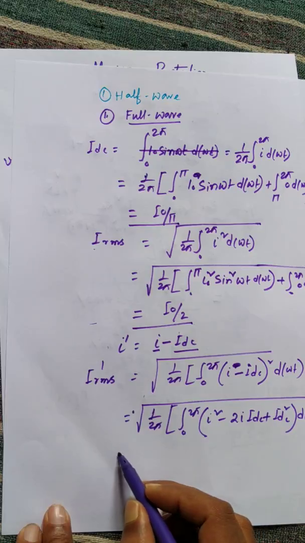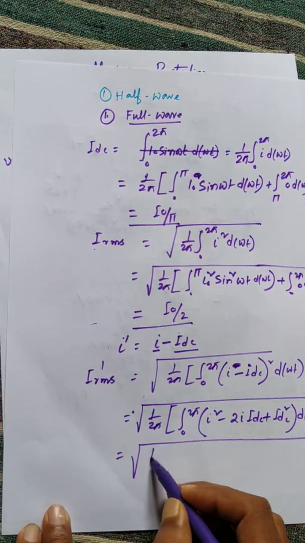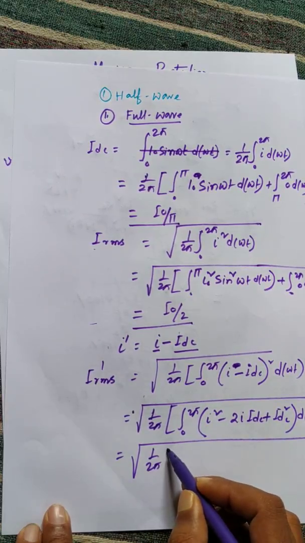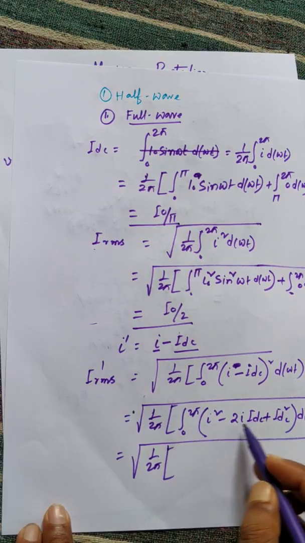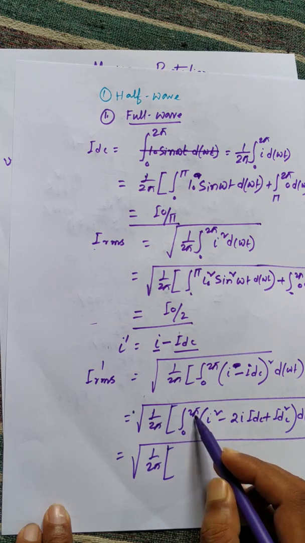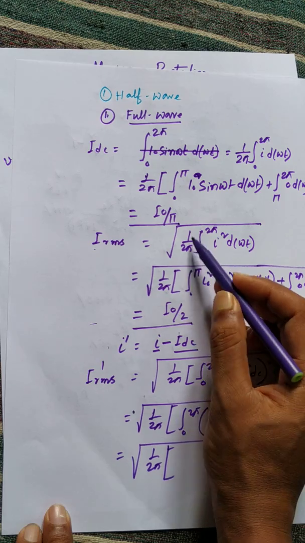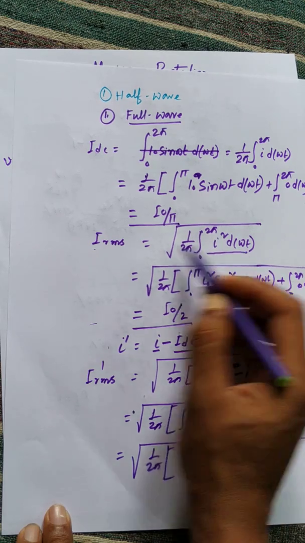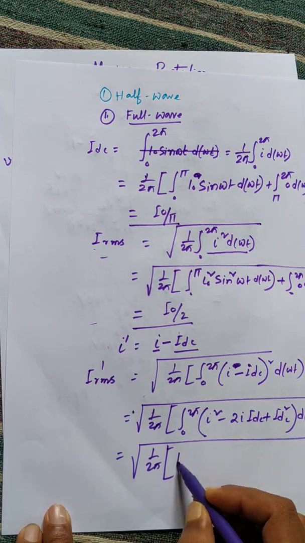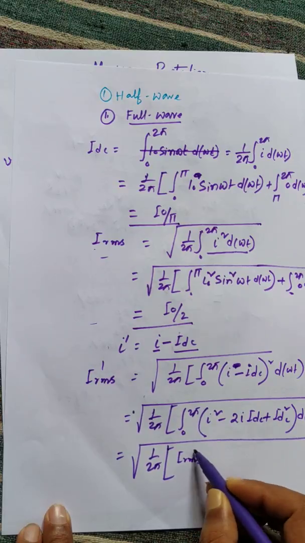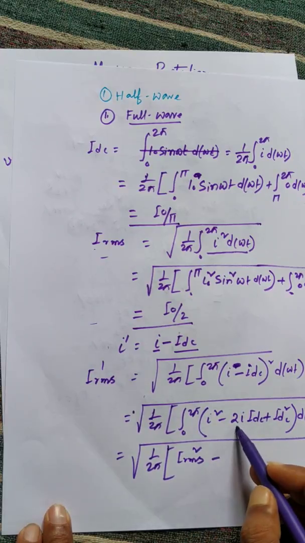Okay, and this is equal to 1 by 2 pi, integral 0 to 2 pi, of I square d omega t. See the expression, 1 by 2 pi, integral 0 to 2 pi, of I square d omega t, and this is the RMS value. So this is I RMS square minus the second part.